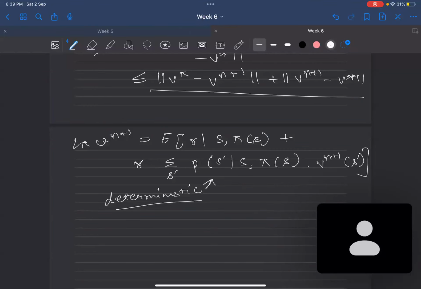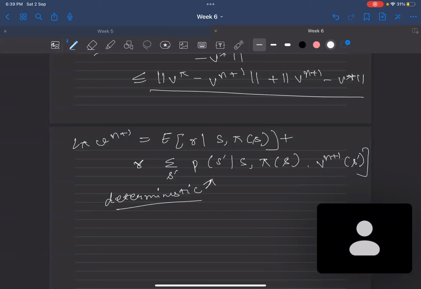So if we take deterministic actions, we get this. The first term is the expected value of immediate return. This is the action as per pi of s, which is the deterministic action that gives us maximum value. Upon taking this action, the first term is the immediate expected return, and the second term is the expected discounted return.